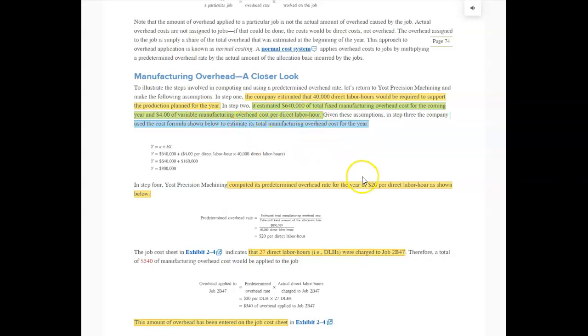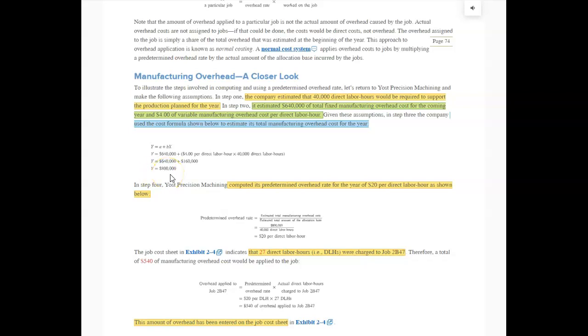So if we think that we're going to have $4 of variable manufacturing overhead cost per hour, and we estimate 40,000 hours, then we're just going to multiply those two together, and that'll be $160,000 right here. Then we'll add that to the fixed portion, and our total estimated manufacturing cost for the year coming up is $800,000.